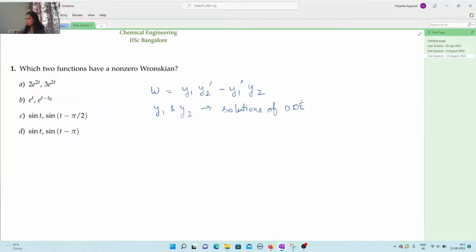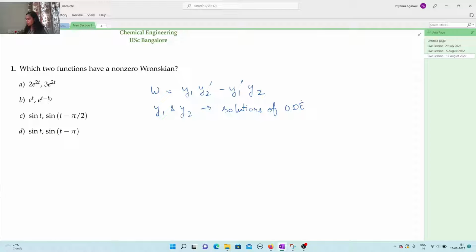Okay, so we look at the first case. We have 2 e to the power 2t, let's call it y1, and 3 e to the power 2t, which is y2.